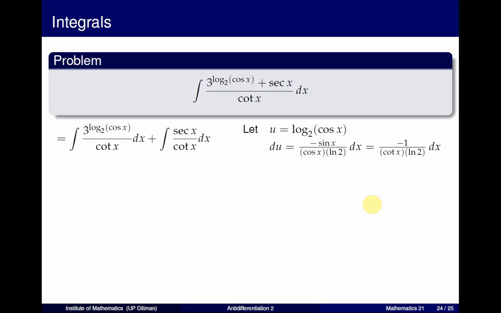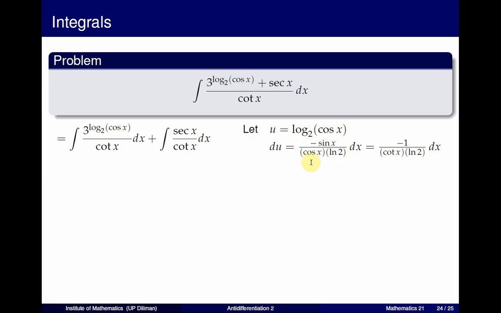By chain rule, the derivative of cosine x is negative sine x. So du again is negative sine x over cosine x ln 2 dx. And let's simplify this. So we can put sine x in the denominator. It becomes 1 over sine x. Cosine x times 1 over sine x is cotangent x.